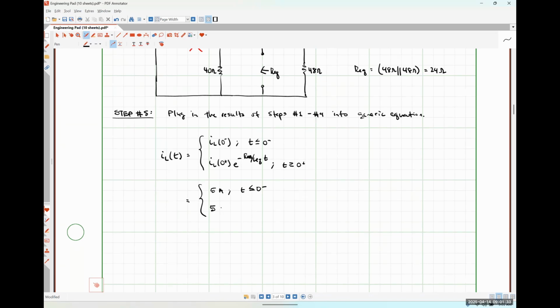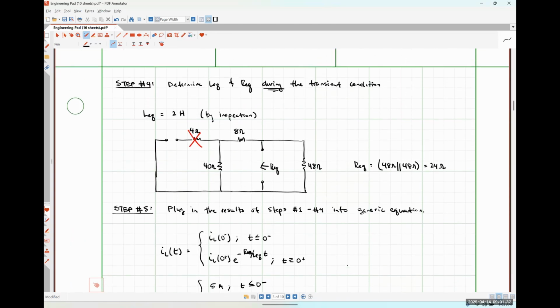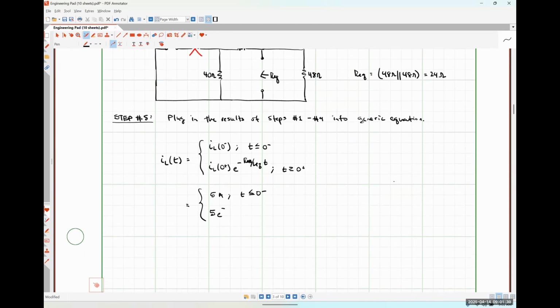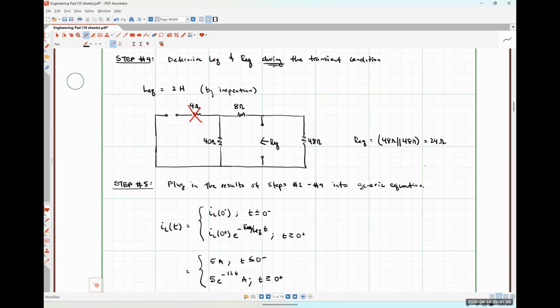And so we're going to have 5e to the negative 24 over 2, which is 12, t amps for t greater than or equal to 0 plus. Literally just plugging stuff in, okay? Just to be clear, that 12 came from REQ over LEQ.